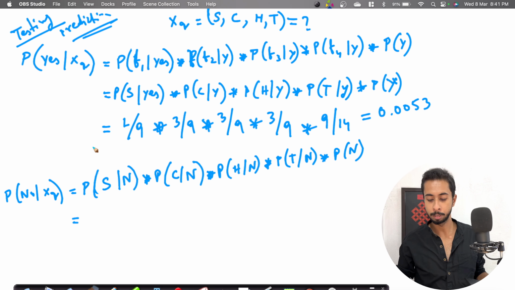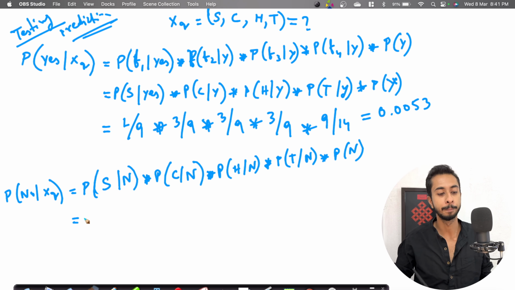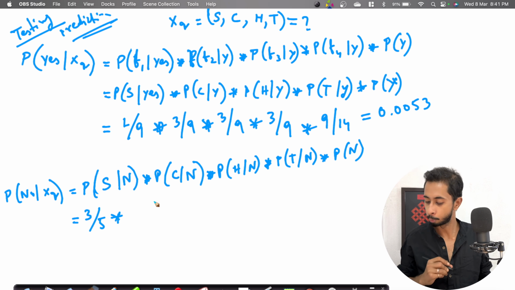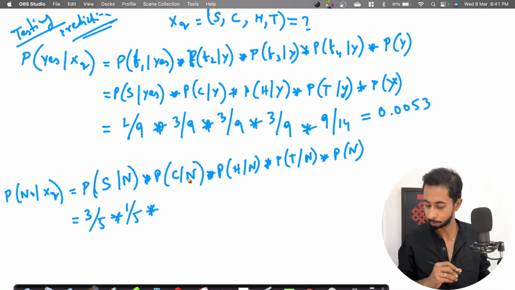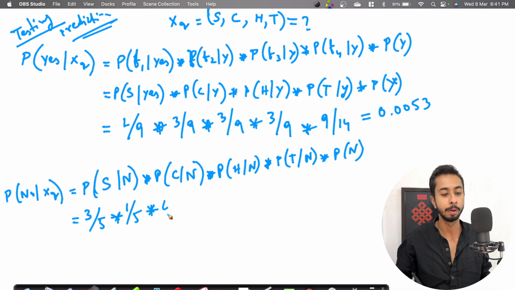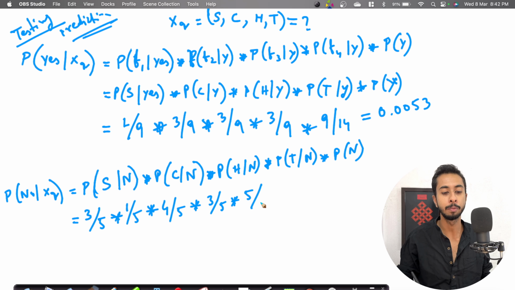The probability is 3 by 5. Next, probability of cool given no is 1 by 5. Probability of high given no is 4 by 5. Probability of true given no is 3 by 5. And probability of no is 5 by 14.